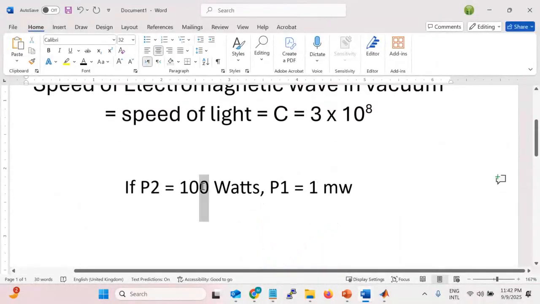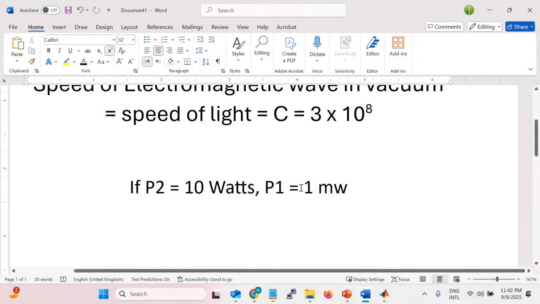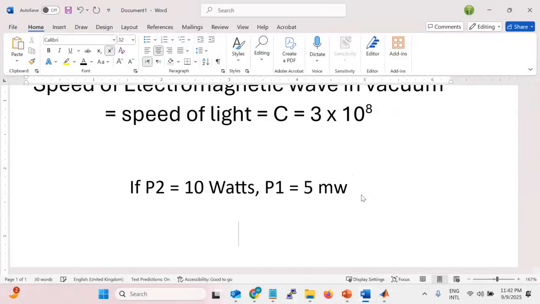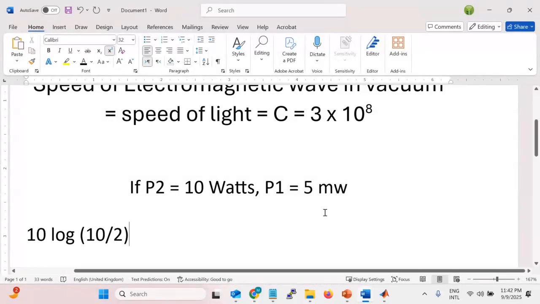So if P2 equals 10 watt and P1 equals 5 watt, how much is the ratio in dB? 10 log 10 divided by 5.